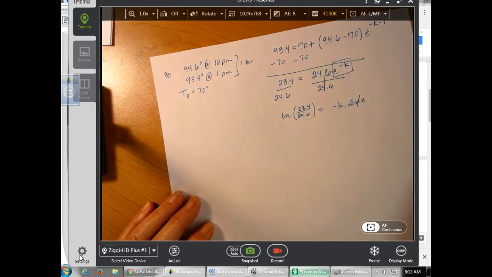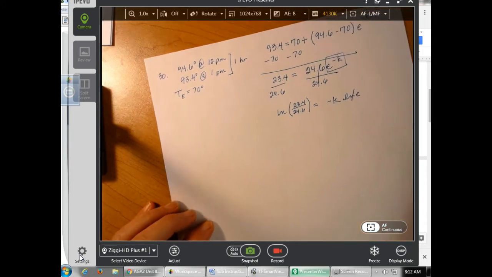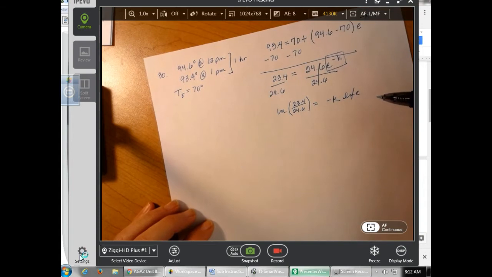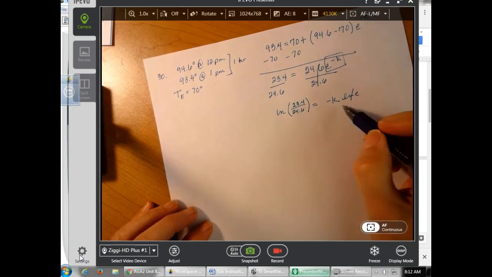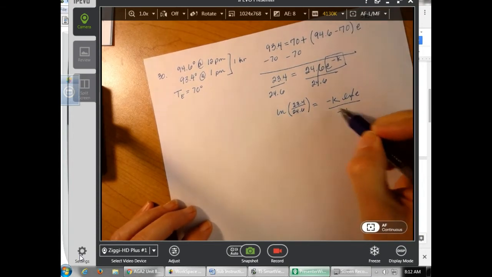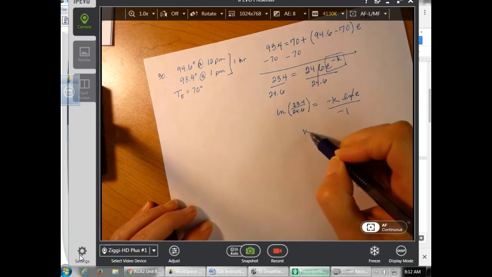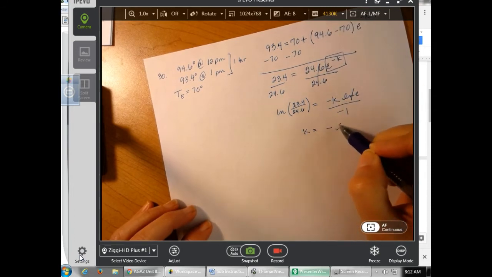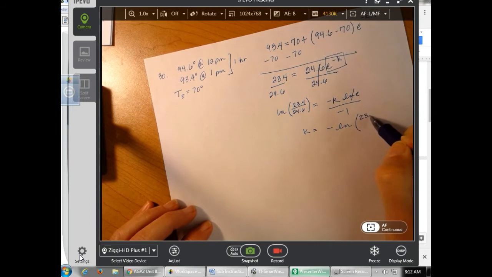That's just going to be the number 1 there. So to solve for my k, I'm just dividing by a negative 1. So k is going to be equal to negative ln of 23.4 divided by 24.6.